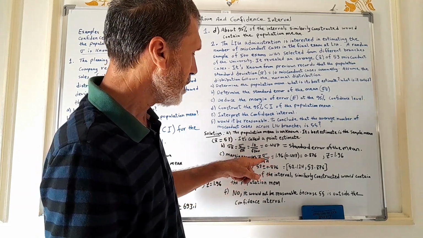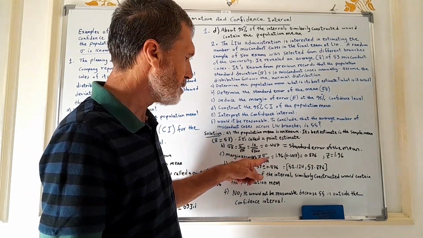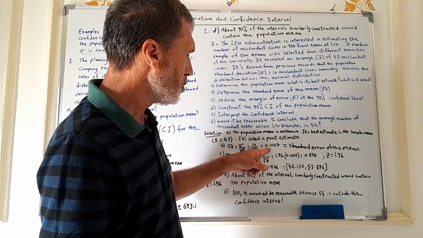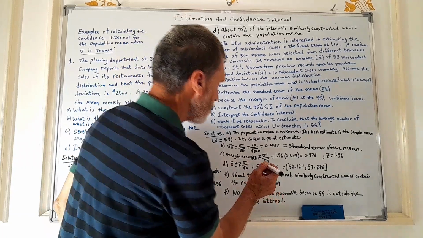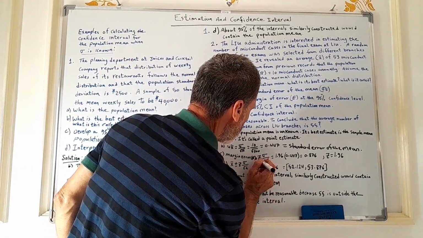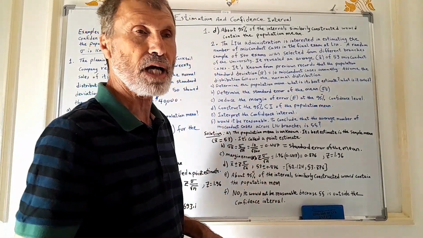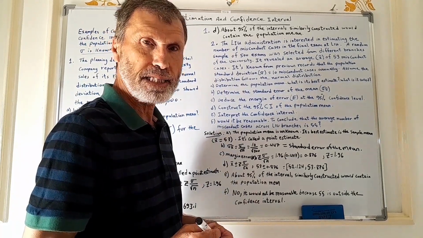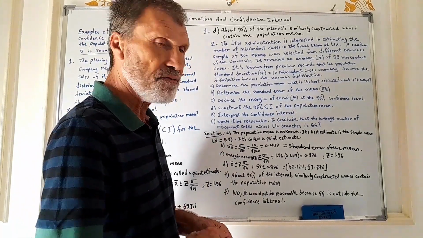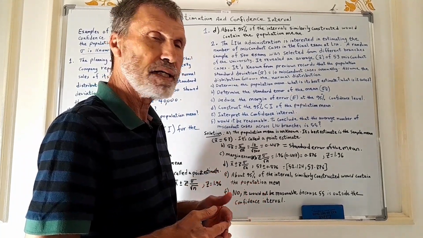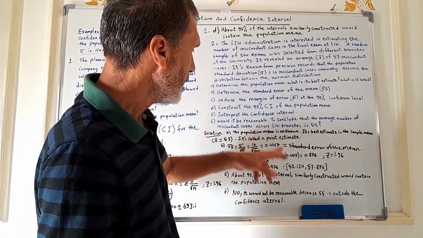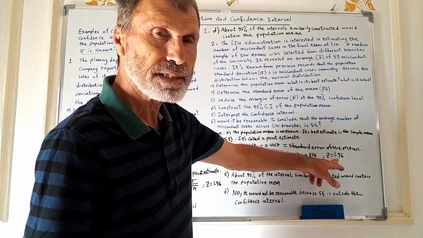We have already calculated the standard error of the mean to be 0.447. Of course, I have already talked about how to calculate the Z values. The Z value when the level of confidence is 95% is equal to 1.96.